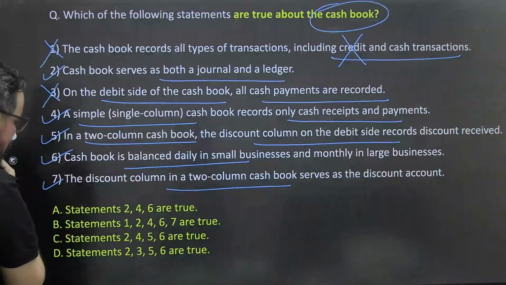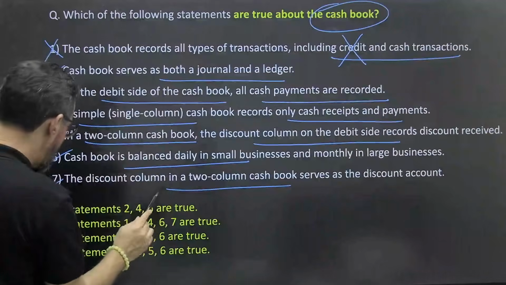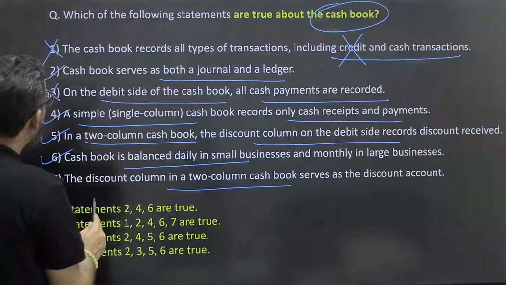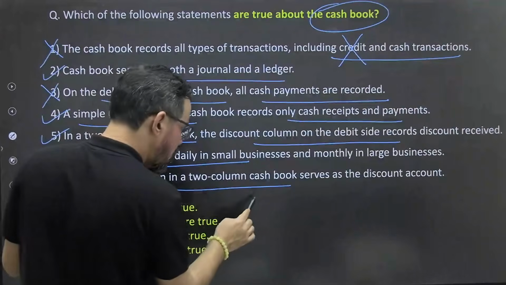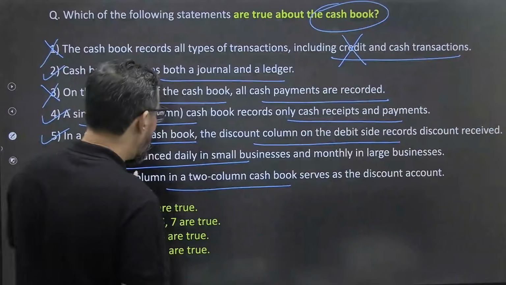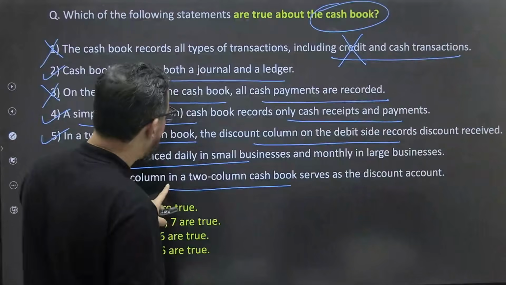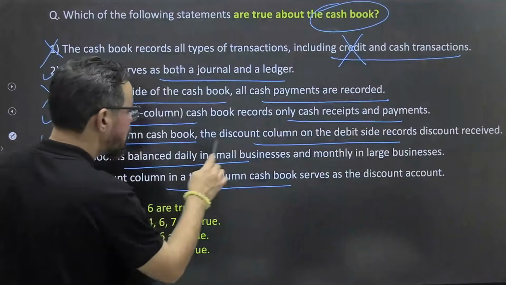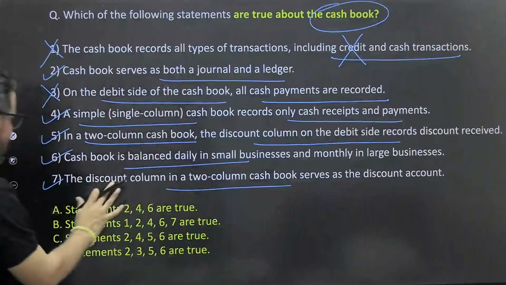I guess we are doing this one wrong. The discount column in a two column cash book serves as a discount account. Okay, this statement is incorrect.